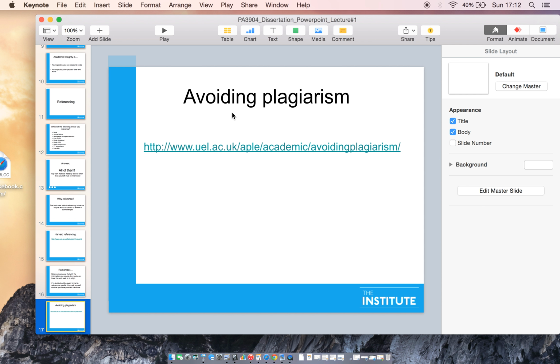Start following these links through and reading about plagiarism, reading about referencing conventions, and just explore the other resources on the VLE. There are examples of other students' dissertations, as I say. These will give you a good idea. These were selected because they are examples of good practice. They are good dissertations. So have a look at those.